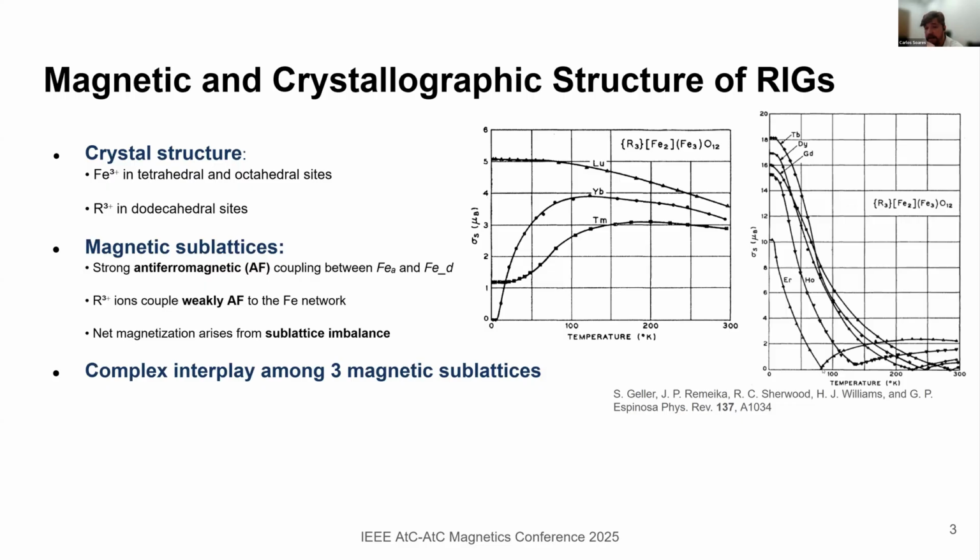The net magnetization is equal to zero in this region here. It depends on the atoms you introduce. When you have thulium, for example, it has a small magnetic moment and you do not observe this compensation, because of the interaction with the other iron sites.